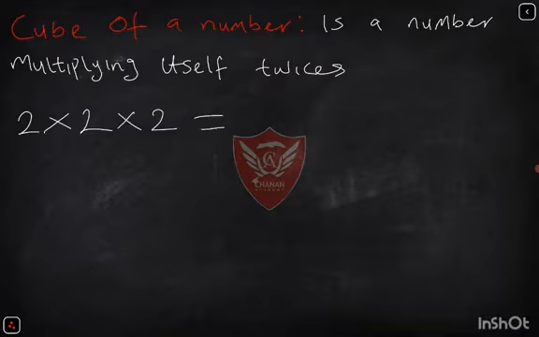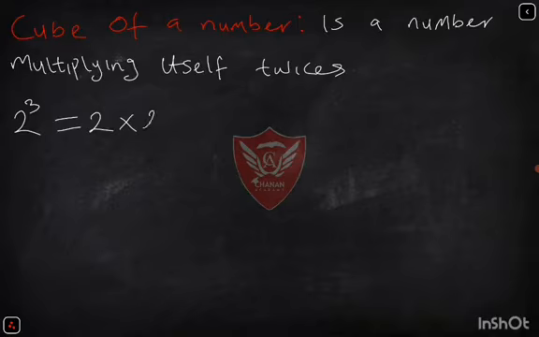That's what the cube of a number is, and it's represented as 2 raised to the power of 3, which is equal to 2 multiplied by 2 multiplied by 2, and the result will be 8. So 2 multiplied by 2 is 4, and 4 multiplied by 2 is 8.